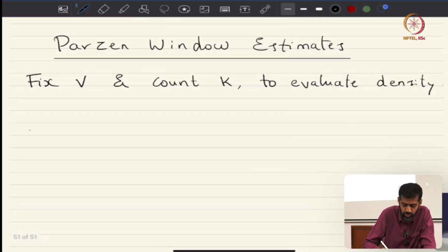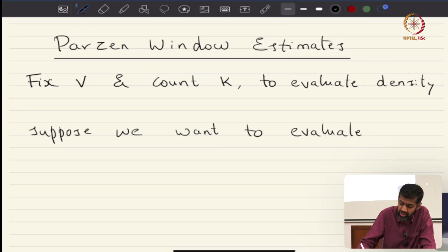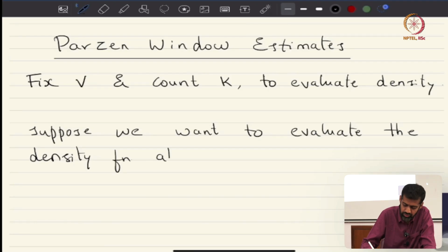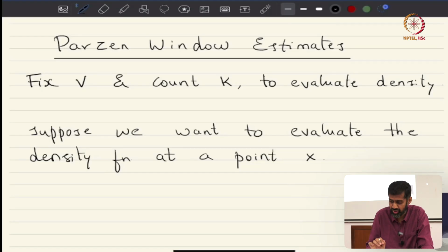Now suppose we want to evaluate the density function at a point x. What we have to do is first fix V, construct a volume around x. Now how do we construct a volume around x?